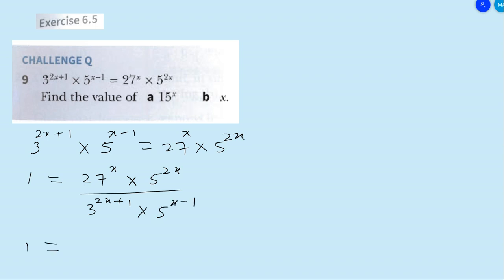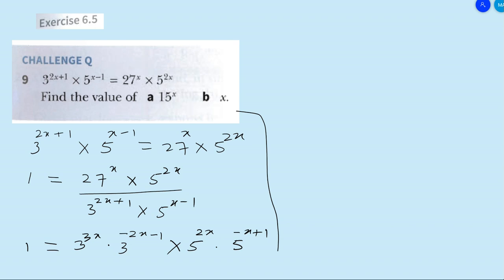So 1 is equal to 27 becomes 3 to the power 3, and 3 into x is 3x, and shift the denominator 3 to the power 2x plus 1 to the above side, that is, convert into numerator. So it will be 3 to the power minus 2x minus 1 into 5 to the power 2x, and move 5 to the power x minus 1 to the above side. It will be 5 to the power minus x plus 1.